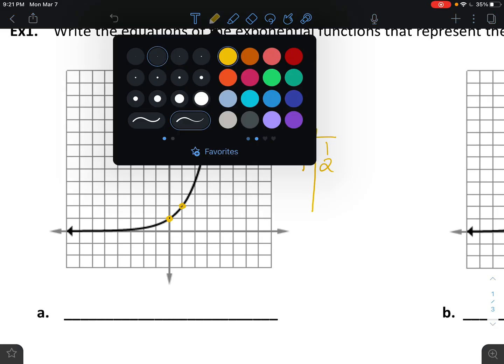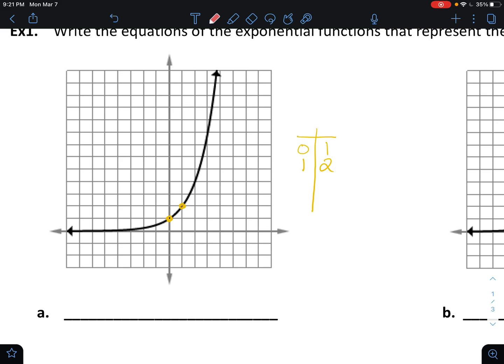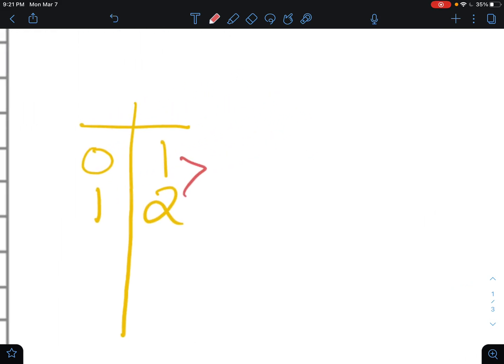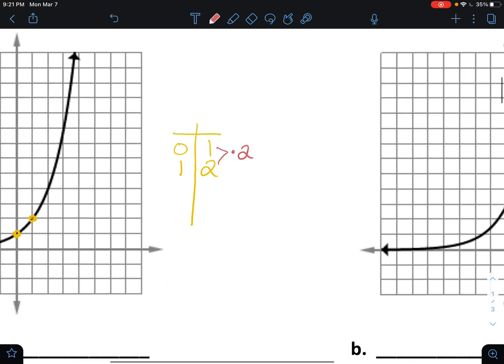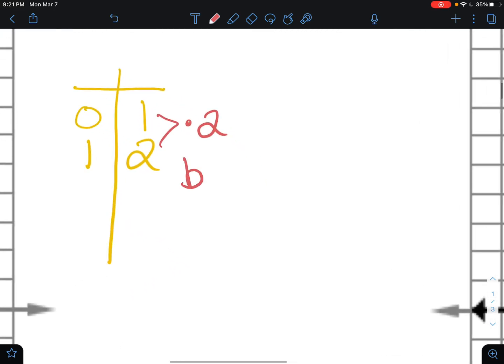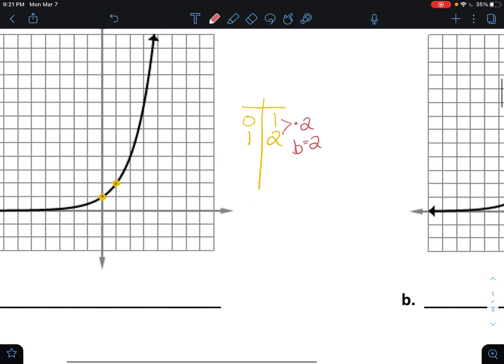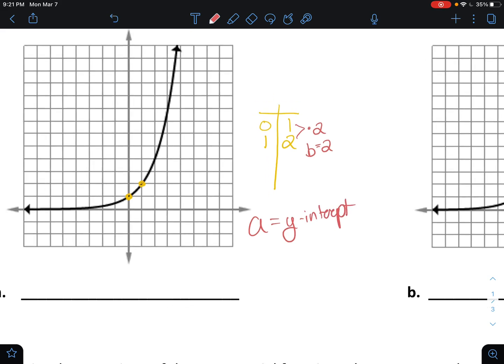To find our b value, this is where we look for that pattern. So how am I going from 1 to 2? Remember, we only multiply, and we are multiplying by 2. So remember, that right there is our base. That makes our b value 2. Now, since there is no shift, that means our a value has to be our y-intercept.